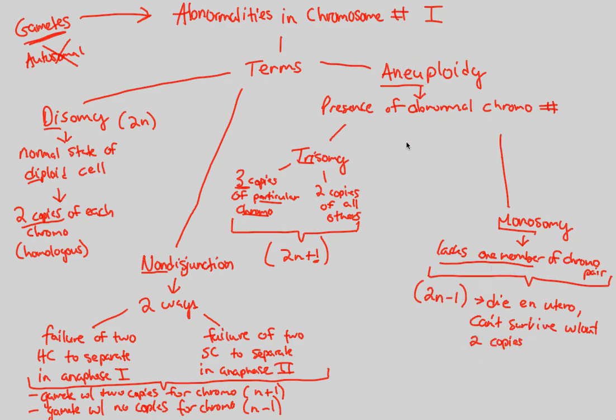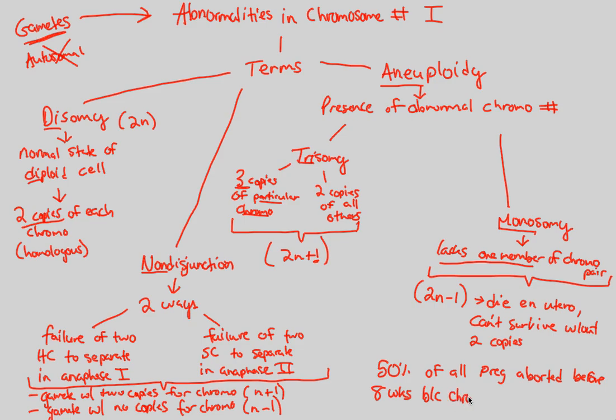An interesting idea behind aneuploidy, and it's of great interest to many politicians and many individuals who are pro-life and pro-choice, is that for the most part, about 50% of all pregnancies are naturally aborted before around the 8-week mark because of what we consider chromosomal abnormalities.